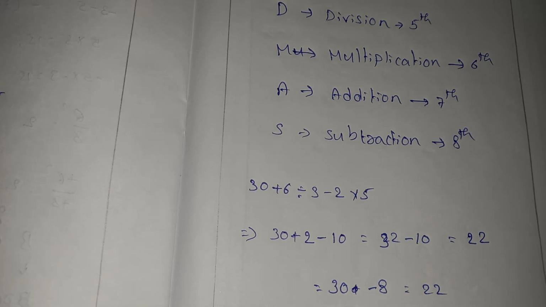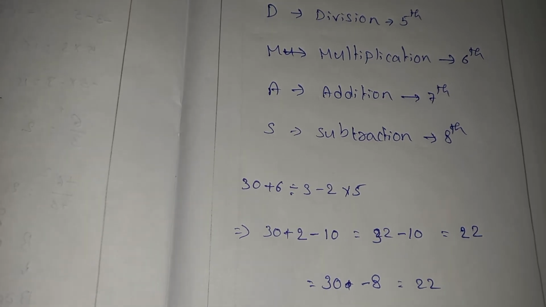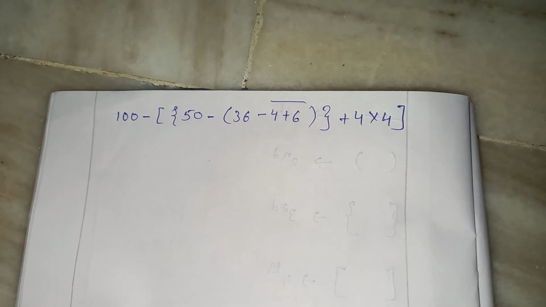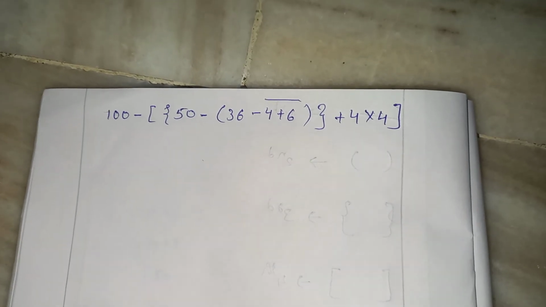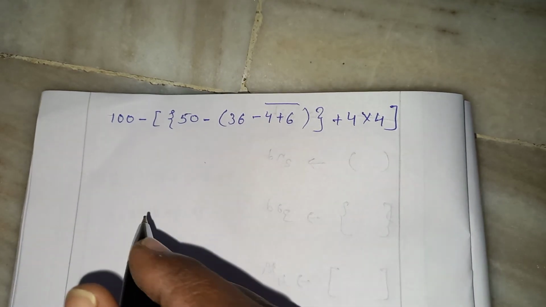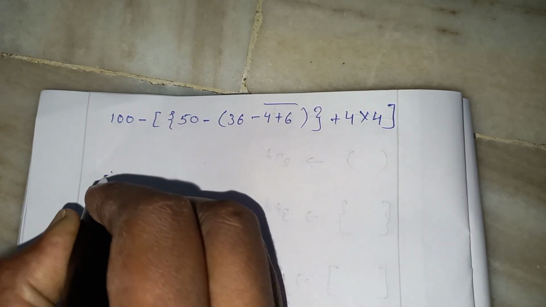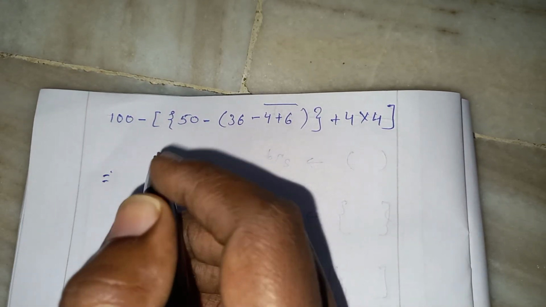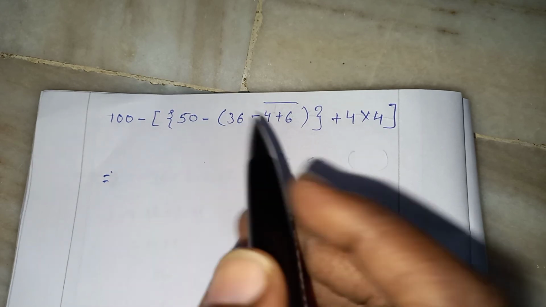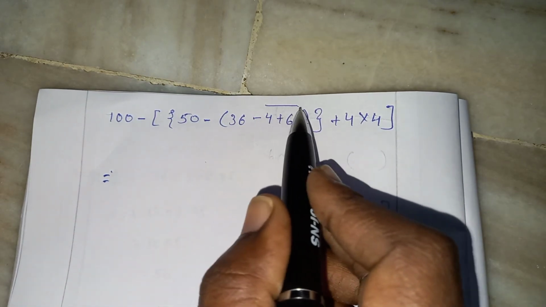Hope you all understand. Okay, I will tell about one more example using the braces. I have a question here which contains all 4 different types of brackets and also includes multiplication, addition and subtraction. How can we evaluate this? First of all, what do we have to do? First, which brackets have the highest priority? Line brackets.